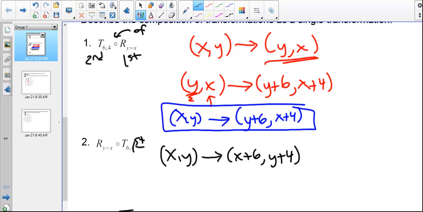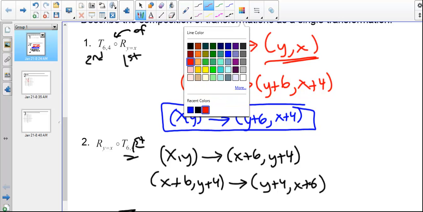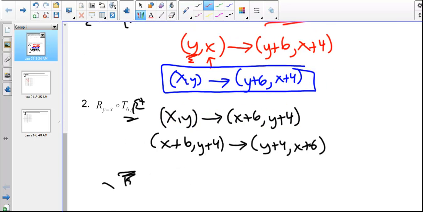And then I want to take the result of this translation and reflect that, which means I need to switch my x and y coordinates. So x + 6 and y + 4 are going to switch, and I get (y + 4, x + 6).